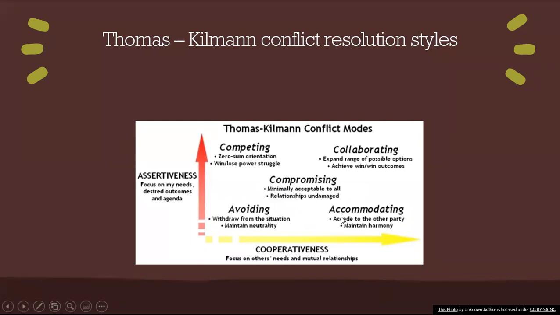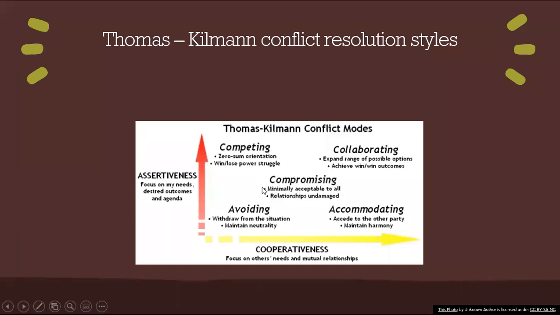Accommodating means that the party here wants to accommodate, to indulge the needs of the other party, and they intend to neglect their own needs. On the other hand, competing is exactly the opposite. The party here tries to take the best of their position and ignore the needs of the other.